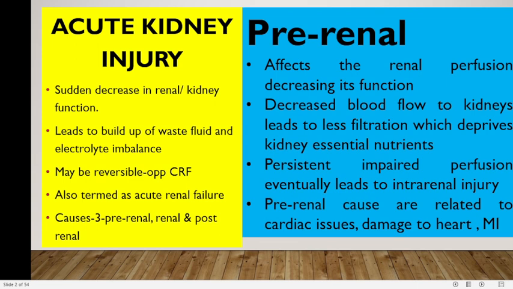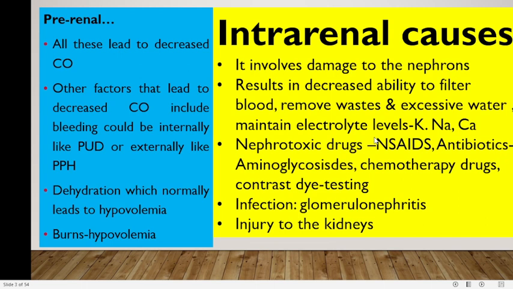Pre-renal causes are related to cardiac issues, damage like myocardial infarction, which eventually decreases the perfusion to the kidneys. All these lead to decreased cardiac output, and when you have decreased cardiac output, you have less perfusion.